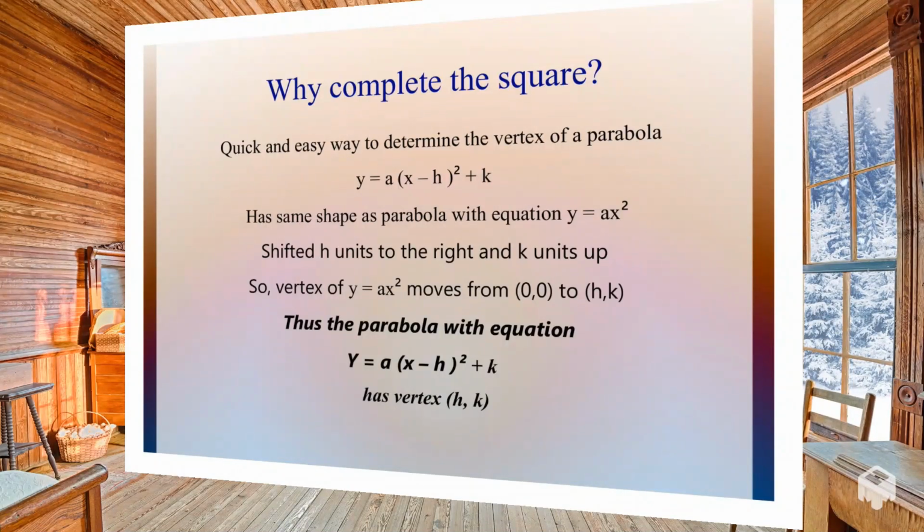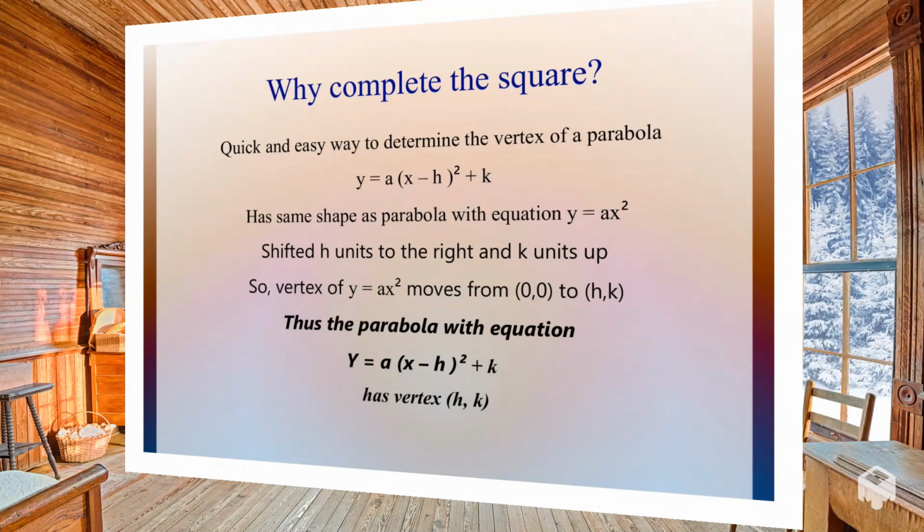Now, why do we use the completed square form? Well, there's a quick and easy way to determine the vertex of a parabola. If we express it in general terms, we have h substituted for 3 and k substituted for 1 in the previous slide. It has the same shape as the parabola with equation y is equal to ax squared.